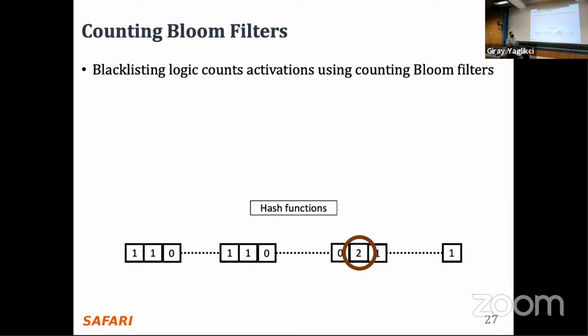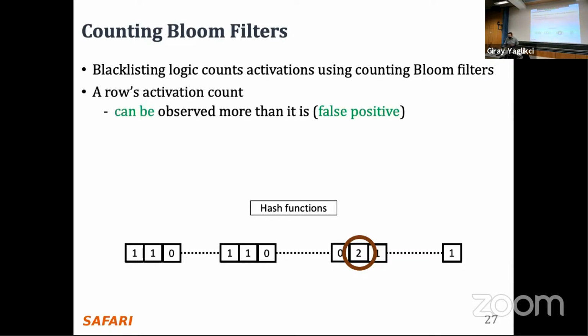These hash functions can map to some particular counters, and they are incremented more than the actual value. That's one limitation of Bloom filters. Therefore, we can observe a row's activation count more than its actual value. That leads to false positives.